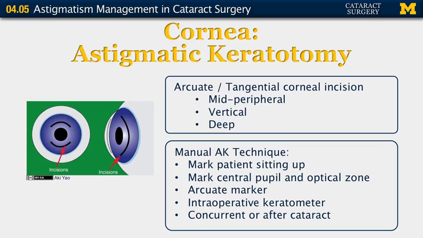The technique for performing astigmatic keratotomy requires marking the patient while sitting up so that you have a good measure of where the axis of the eye is. You mark both the central pupil and the optical zone with a specialized AK marker. And then you can use an intraoperative keratometer to help adjust as you go. This procedure can be performed either concurrently with surgery or after the cataract surgery.